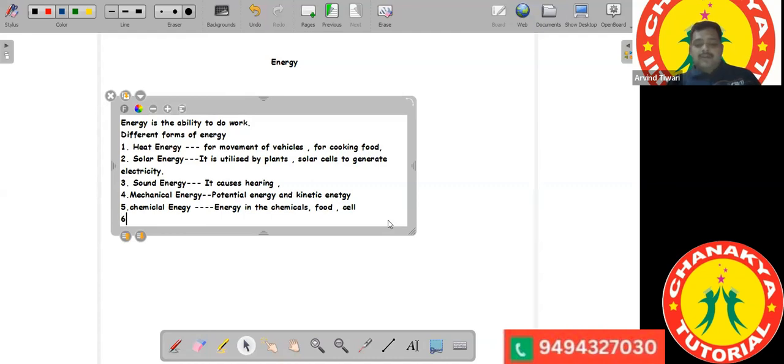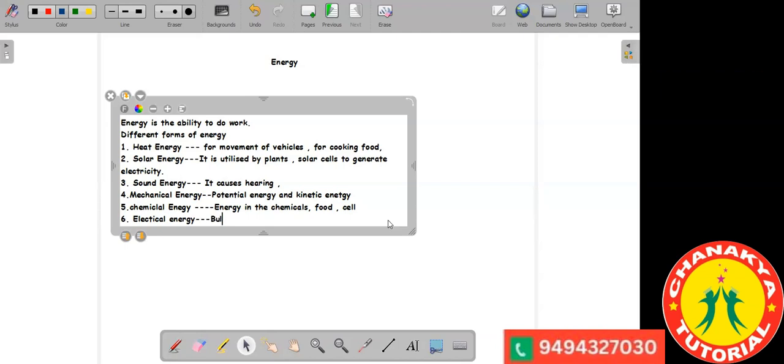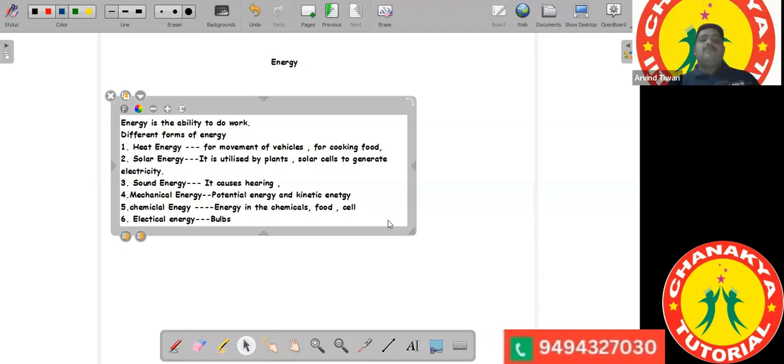Then we also have electrical energy. So where do we see electrical energy? Switchboards, electricity. It is used in bulbs to produce light. It is used to run speakers to produce sound energy.